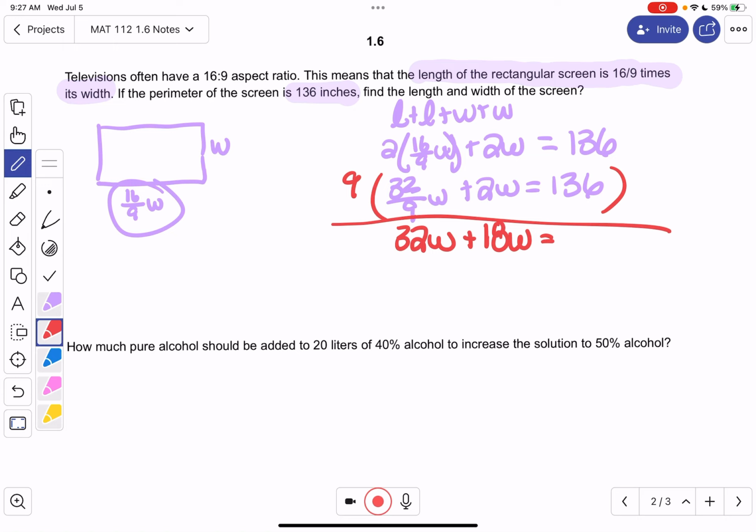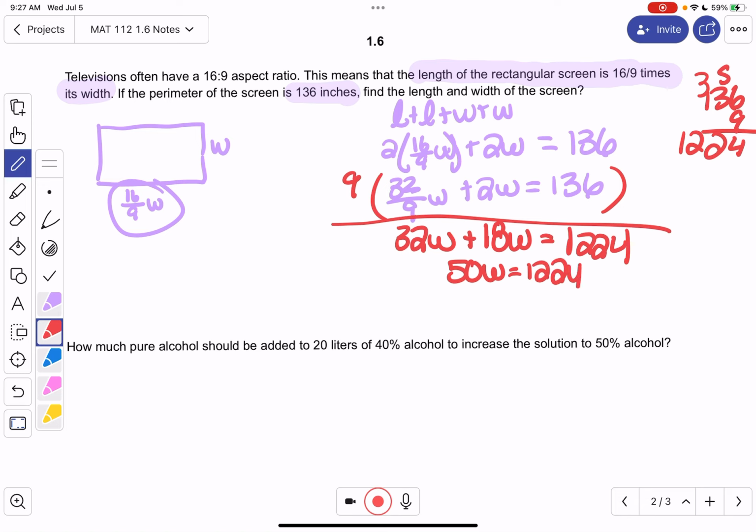And 9 times 136 is 1224. Combine like terms, we get 50W equals 1224. And then divide both sides by 50. And we get W equals 24.5 when we round.